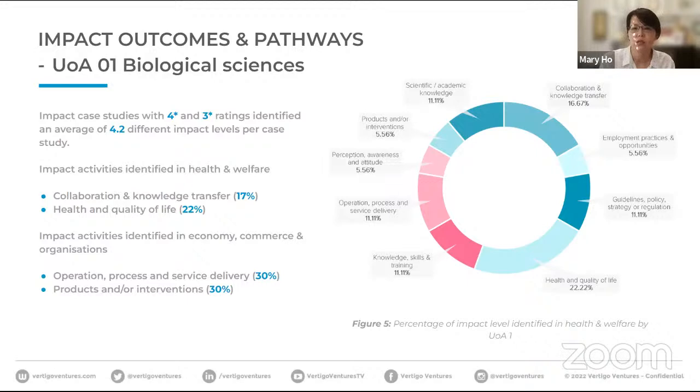The impact activities mainly focused on operation, process, and service delivery, which we found that 30% of the impact activities described were about operation, process, and service delivery of their users or beneficiaries, and another 30% were related to products and or interventions.